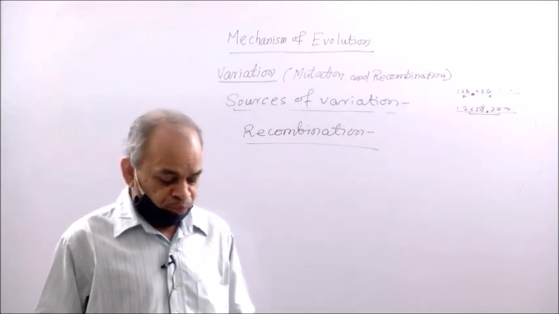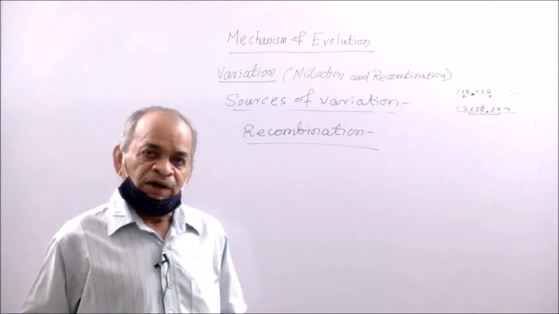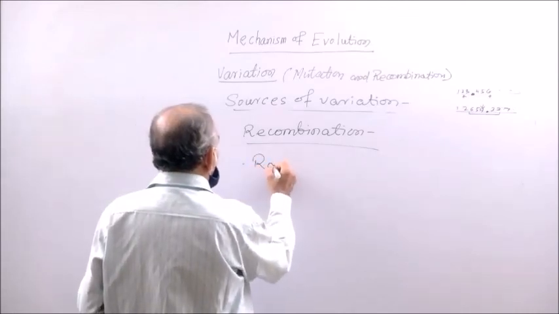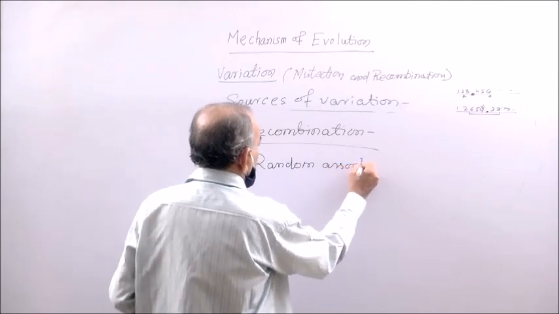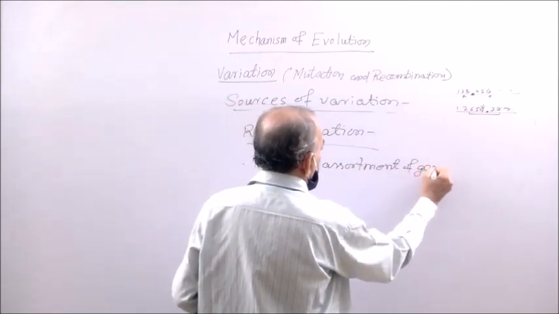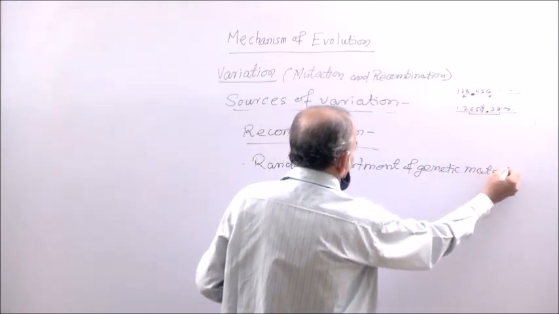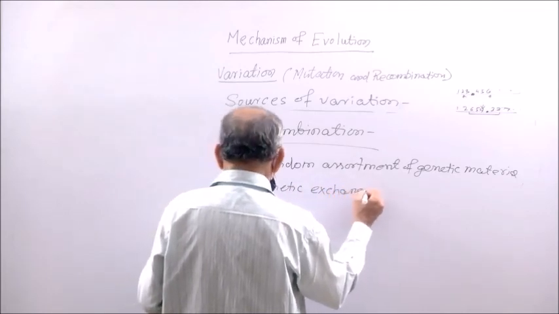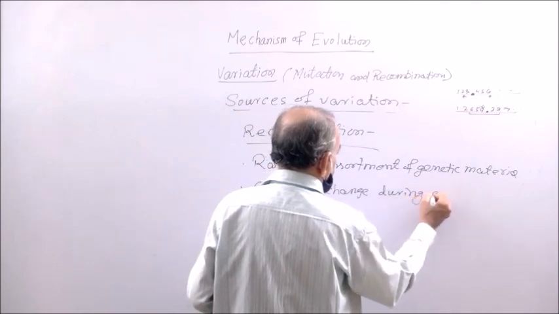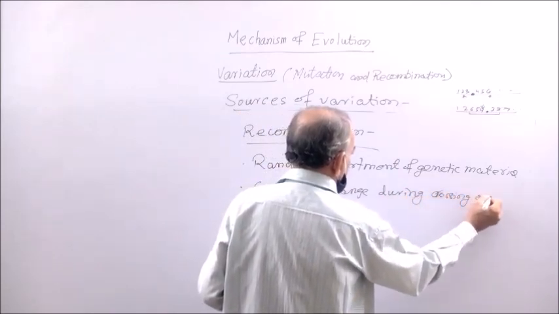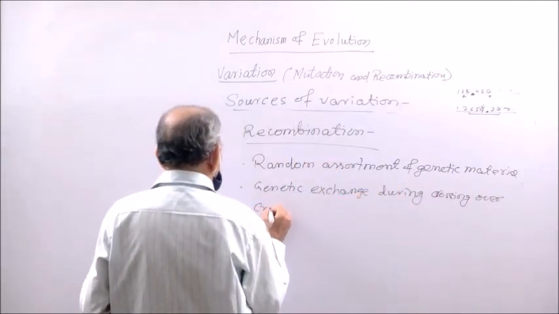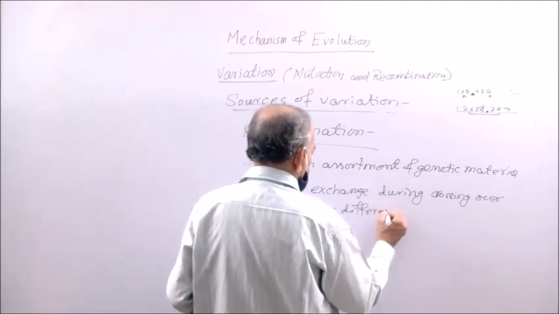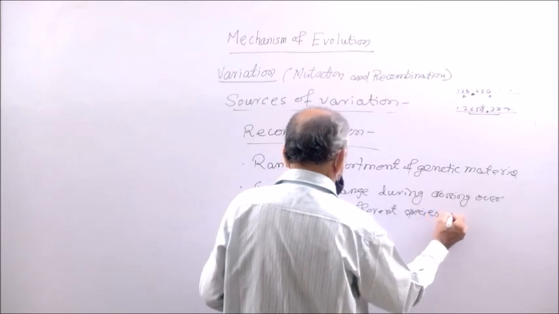Recombination of genetic materials arises by 3 ways: random assortment of genetic material, then genetic exchange during crossing over, and crossing two different species, or hybridization.